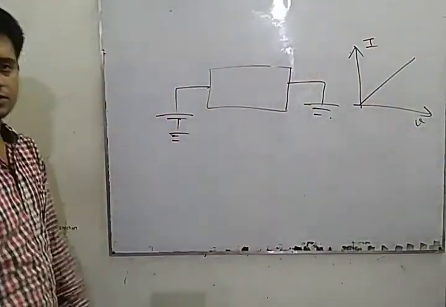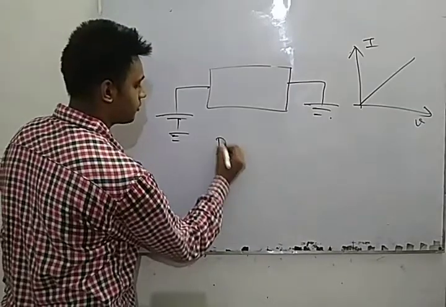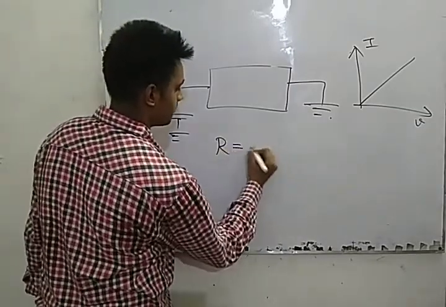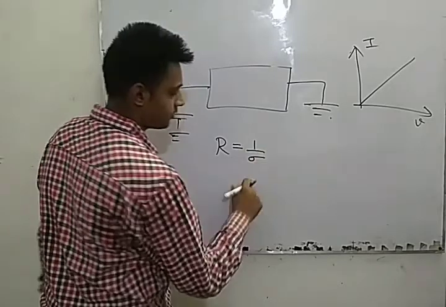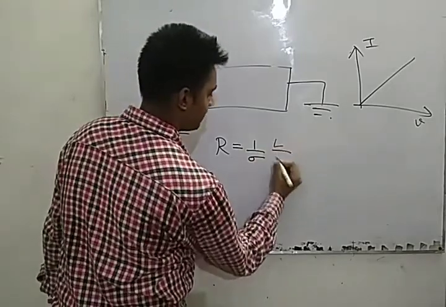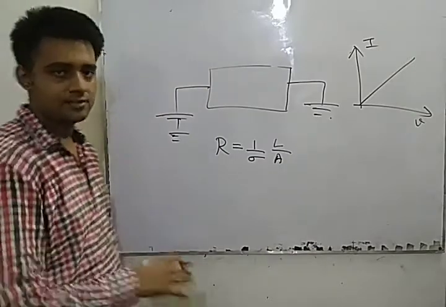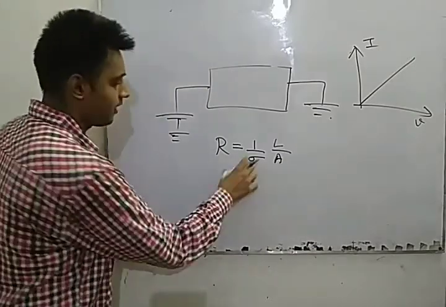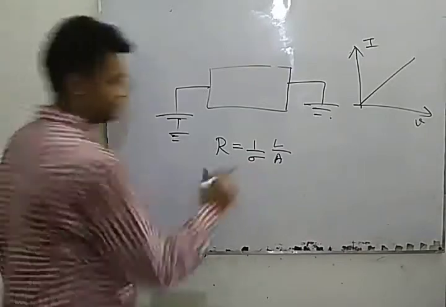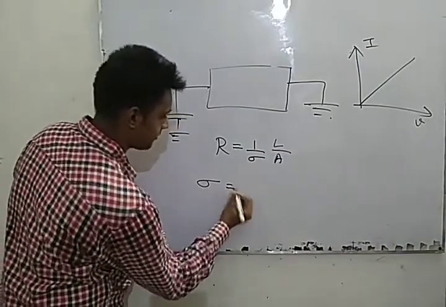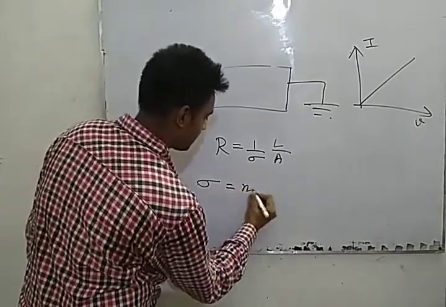And as we know, the resistance R is exactly equal to 1 upon conductivity times length upon area. Here we will study the new relation, the conductivity, and the new terminology is mobility, and Ni.